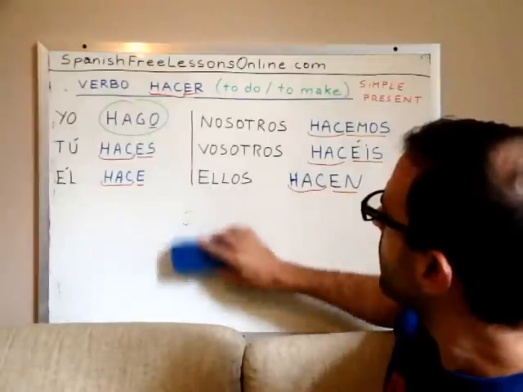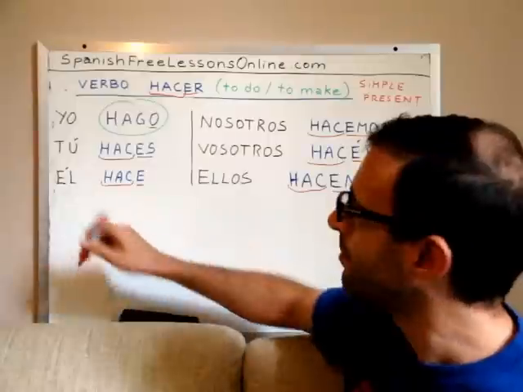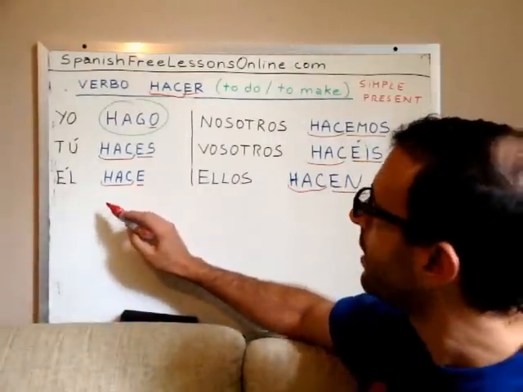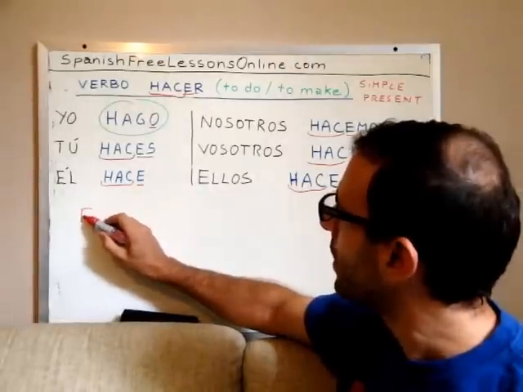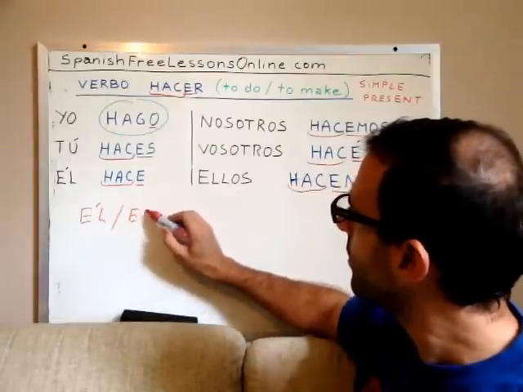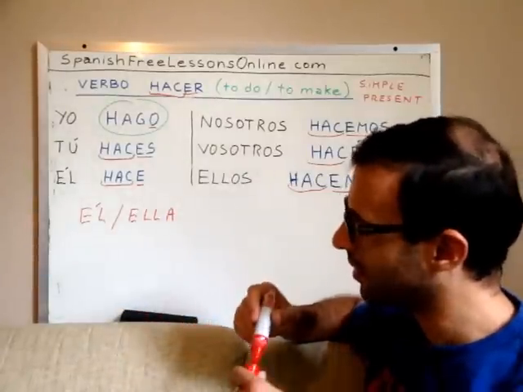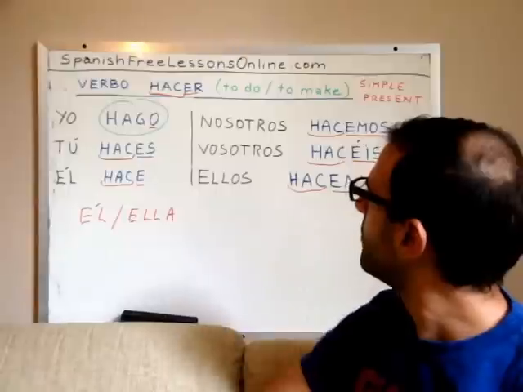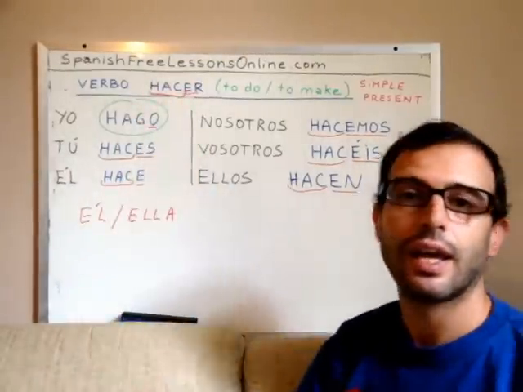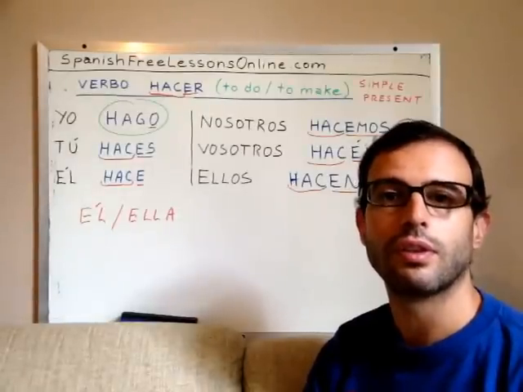Also remember that the third person of the singular, he or él, is also for she and for it, right? So in Spanish we would say él for he, ella for she. So this is all we'll do today about conjugating the verb hacer, and next lesson we will start seeing some examples using this verb.